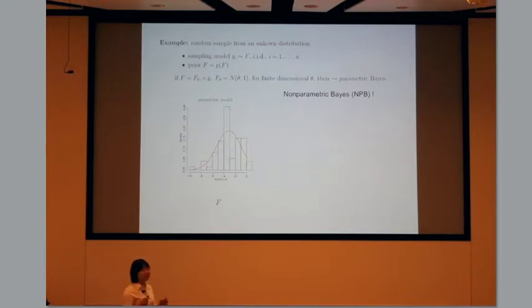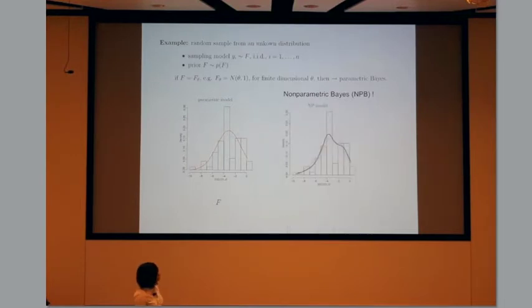So if we don't know the exact distribution, we can assign a distribution on the distribution. And then based on the observed data and some estimation method, we can get the posterior estimate of this distribution. But the distribution we don't know, so we don't have the exact distribution. We have a distribution on the distribution.